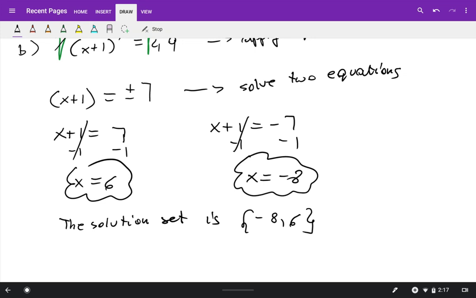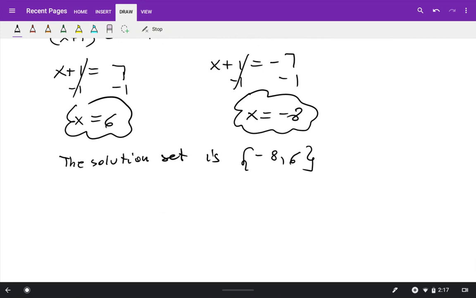Okay. And next one more. x minus 3 squared equal negative 28.